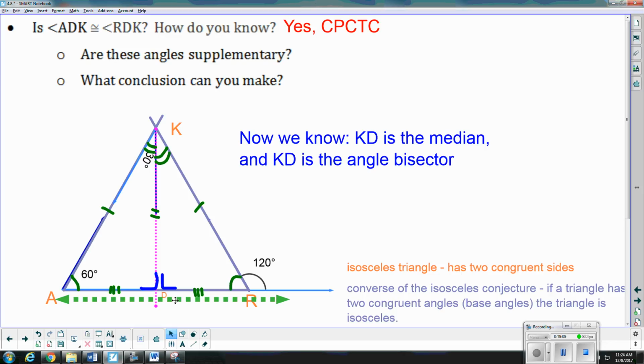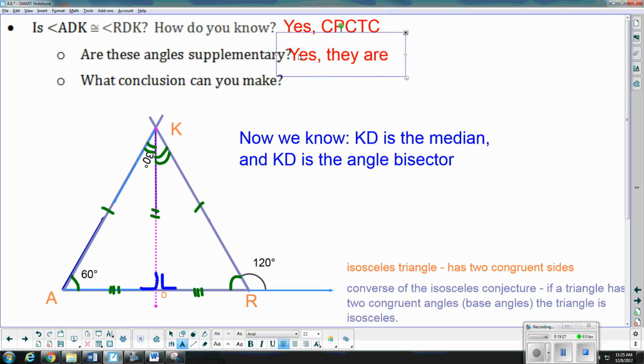Okay, they all form one straight line. So that means that the two angles that I just marked in blue are a linear pair. So if they're a linear pair, then they are supplementary. So yes, we know this.